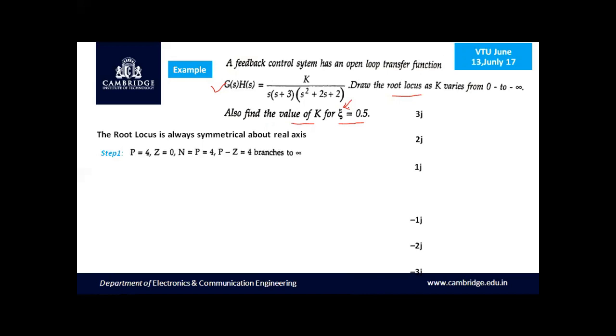With respect to the given G(s)H(s), we have poles at s equal to 0 and at s equal to minus 3, as well as by solving the equation s squared plus 2s plus 2. As the highest power is 2 here, we get 2 roots at minus 1 minus j as well as at minus 1 plus j.